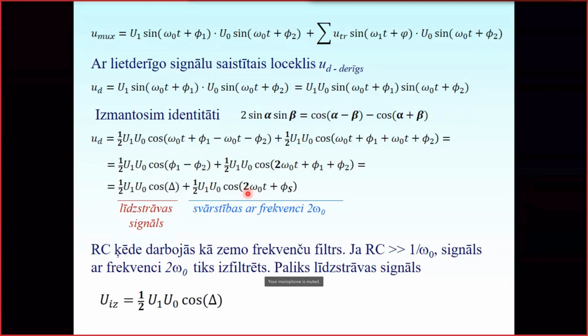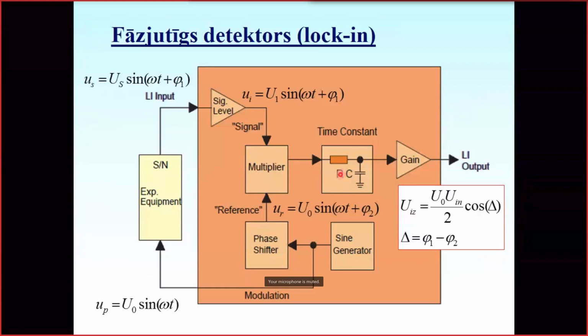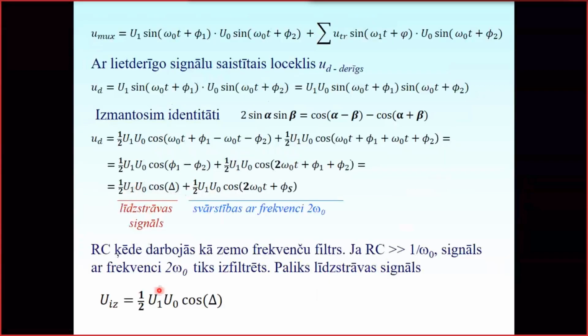If I pass such a signal through the low pass filter, the DC component comes through, but the high frequency component will just be cut out. It works as a filter.